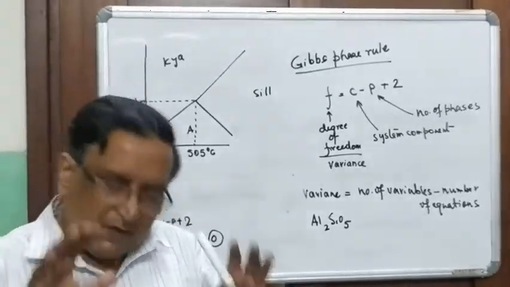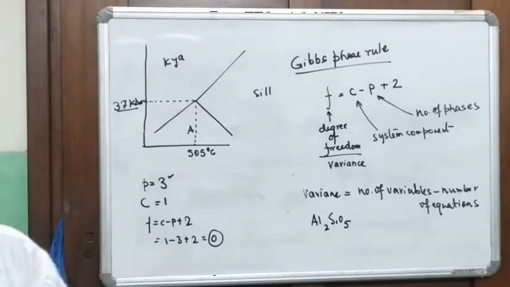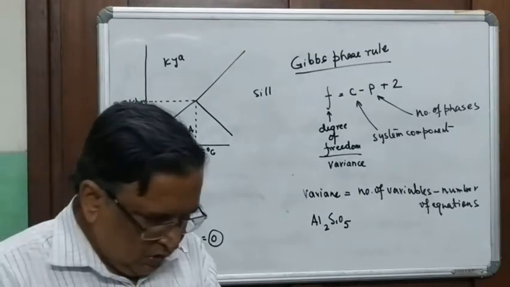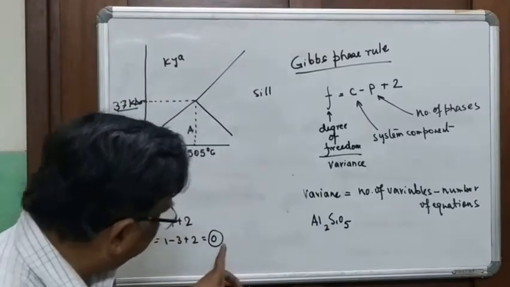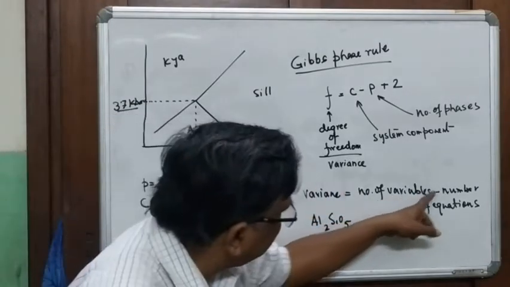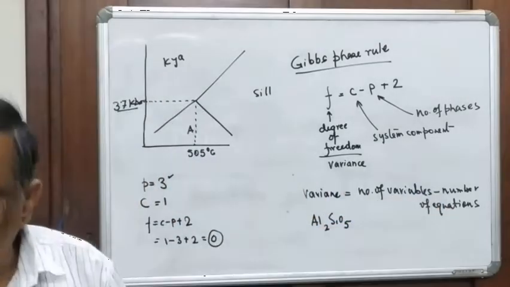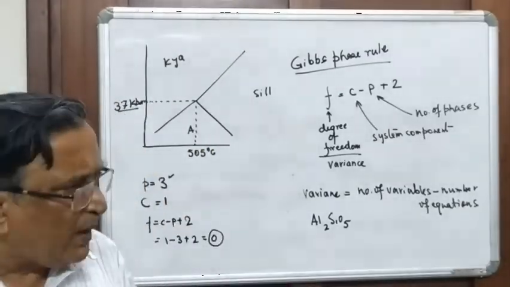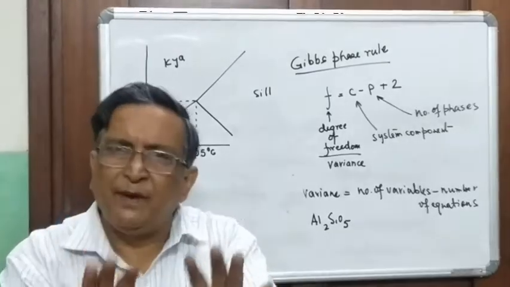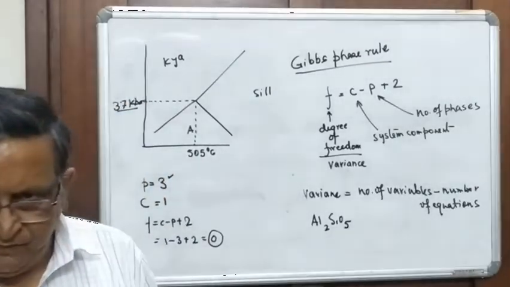But imagine there are equations. So the number of variables here is 0, equal to the number of equations. And as I said, you can ask me where the equations are. We will talk about it a bit later.